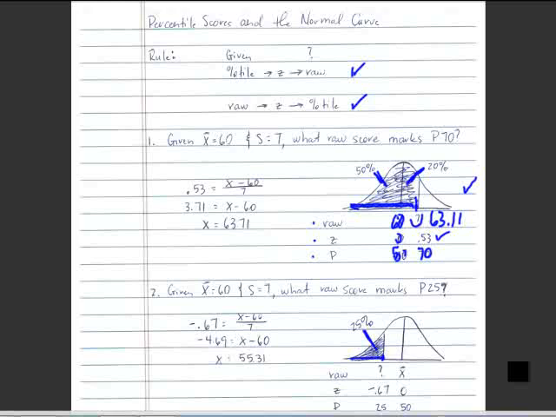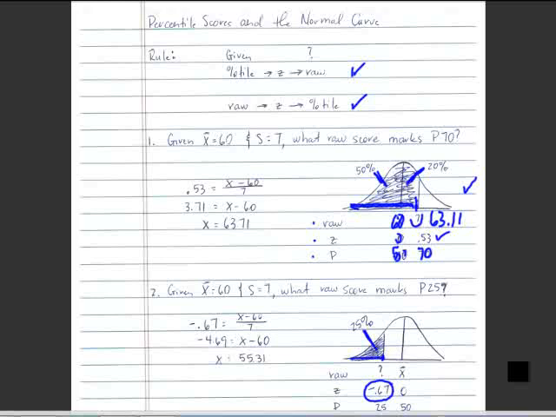All right, and what I found was that the Z closest to 25%, according to the table, was 0.67. But the thing I've got to remember is I'm on the left-hand side, so that's going to be a negative Z. So minus 0.67 is equal to x minus 60, x is my unknown, divided by 7. Multiply each side by 7 to get rid of the 7.